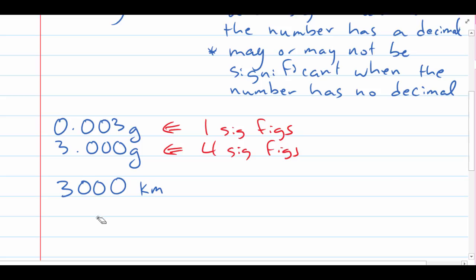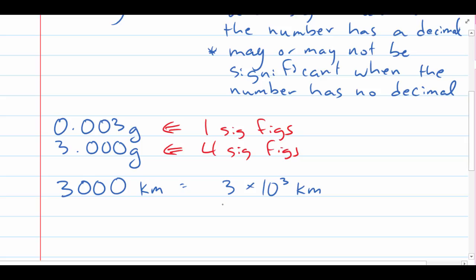So now there's a way around this. One of the ways around this is to write these numbers in scientific notation. If we write this number, 3,000, in scientific notation, we can write it as 3 times 10 to the third kilometers. Remember, this is a really big number, and really big numbers are going to have positive exponents.